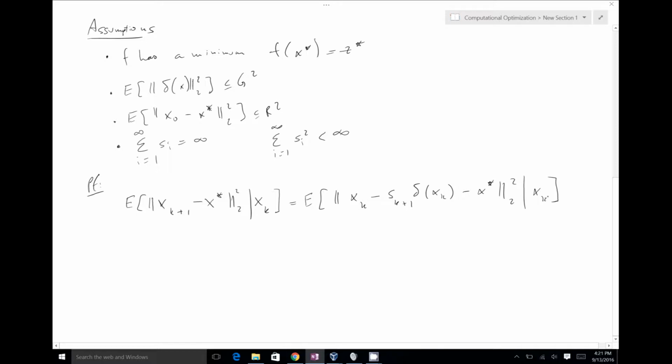One way you can think of this is: think of this as xk minus x star minus s_{k+1} times the subgradient, or stochastic subgradient, at xk, this thing dotted with itself.